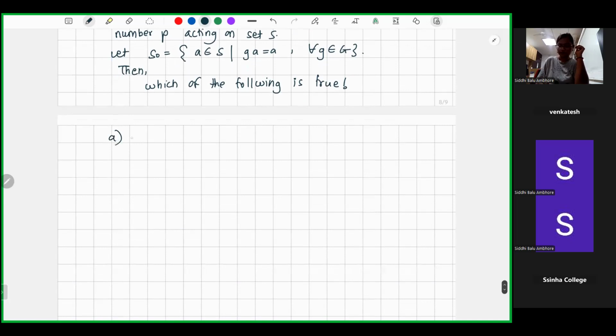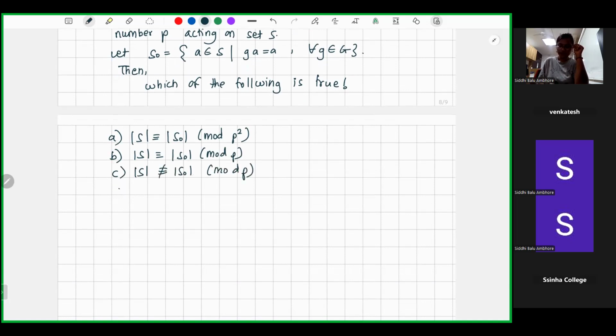A, the cardinality of S is congruent to S naught mod p square. B, the cardinality of S is congruent to S naught mod p. And D is S naught minus 1 mod p.